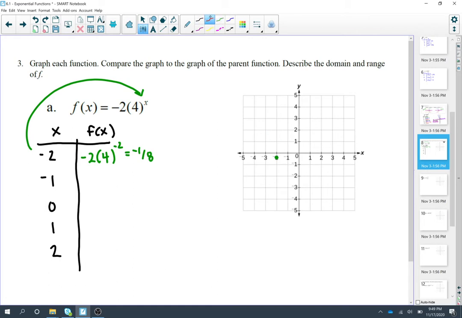We're going to do the same thing with -1. So -2 times 4 to the power of -1, which is going to give us -1/2, or again, -0.5. Then I'm going to substitute in 0, so -2 times 4 to the 0, which is -2.